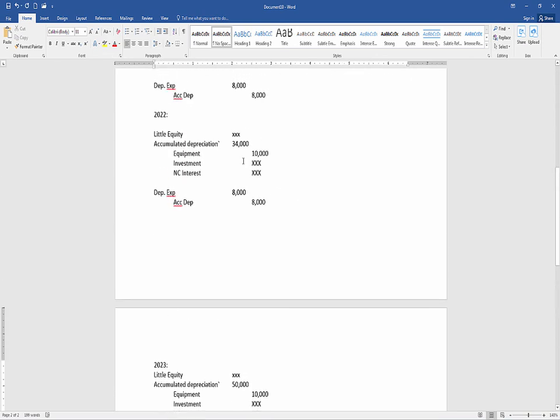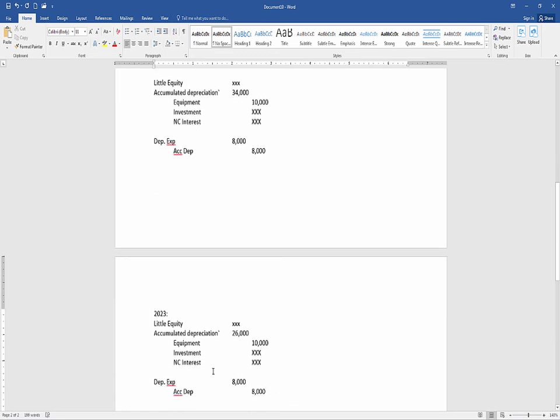Last year, we debited accumulated depreciation for 34, credited it for 8, so we're carrying forward 26. But now the asset is being sold on January 1st, 2023. That means we don't need to record any depreciation for 2023 because, as we all know, if you sell an asset the first day of the year, you don't record any depreciation for that year.